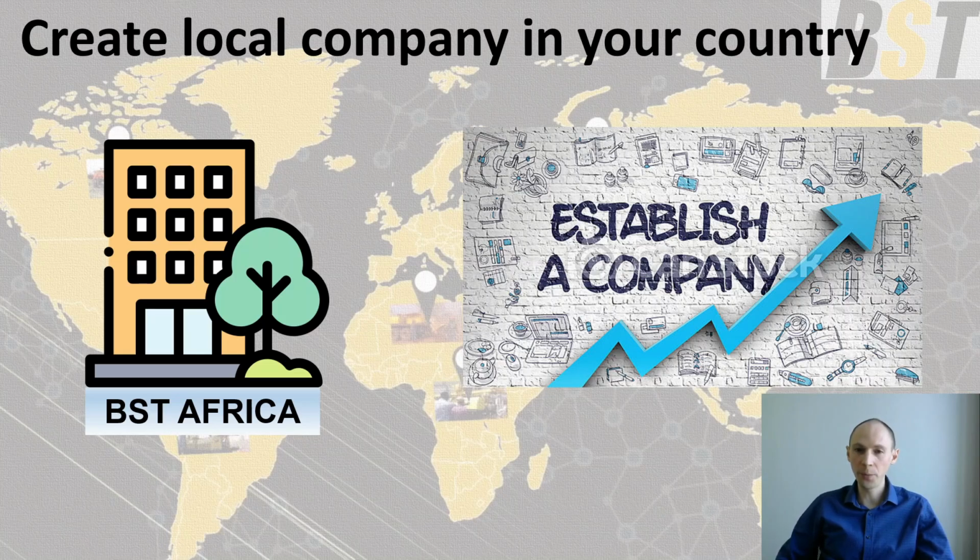One party will be BST company, and the second party will be the agent's company who will receive the product in Africa. So this is the compulsory step which cannot be avoided.